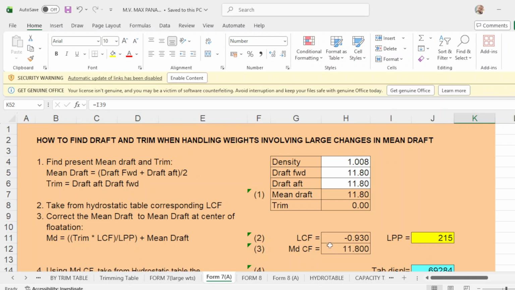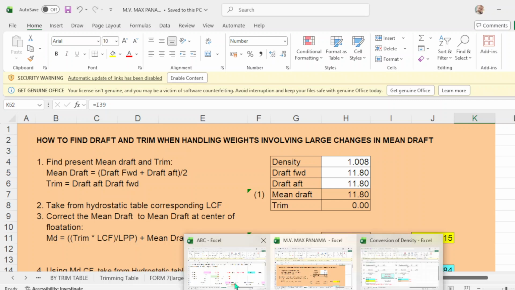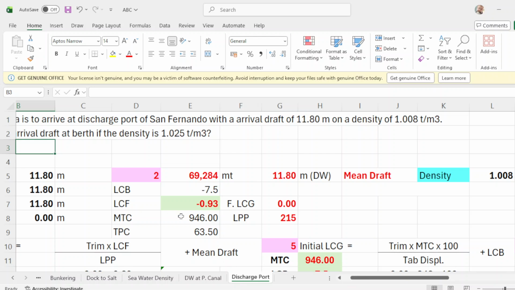The LCF is negative 0.93, which is this one. So from this mean drop of 11.80, we go to the hydrostatic table.